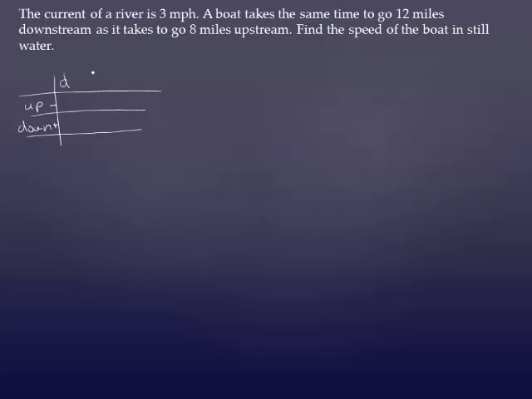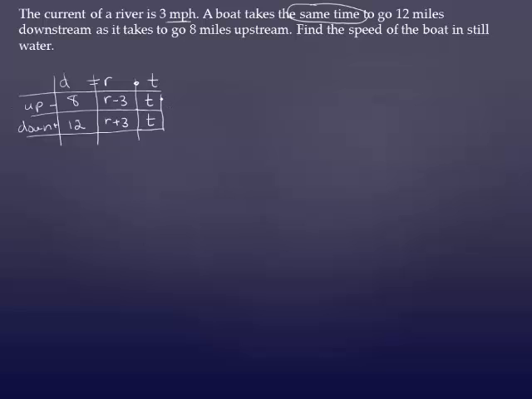We've got our distance, our rate, and our time, and distance is equal to rate times time. Twelve miles downstream and 8 miles upstream. Our current is 3 miles per hour, so we're going to subtract 3 on the upstream and add 3 on the downstream, and it's the same time, so t is equal to t again.